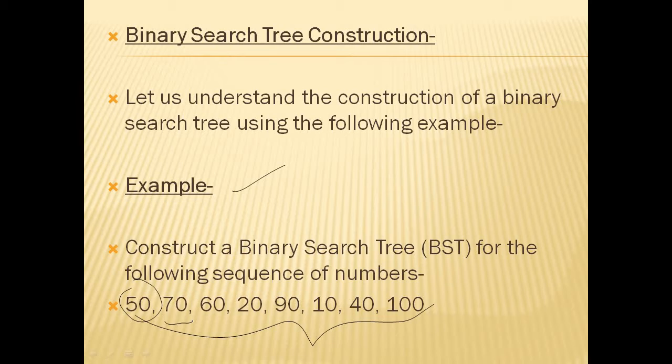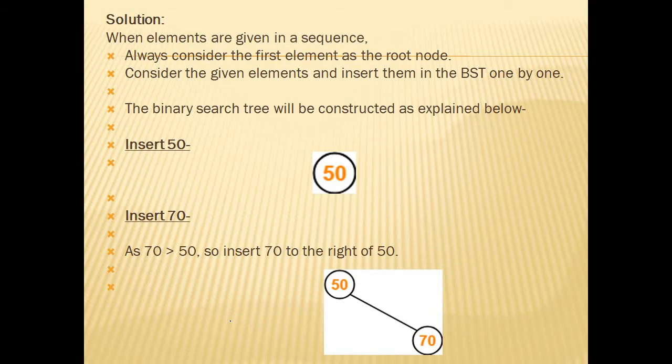The root is 50 and the element 70 is greater than the root, so we need to place it on the right hand side. Like that, for every element, we check with the root element. If it is less than the root, we place it on the left hand side; if greater, on the right hand side. Now we discuss in detail. We always consider the first element as the root node.